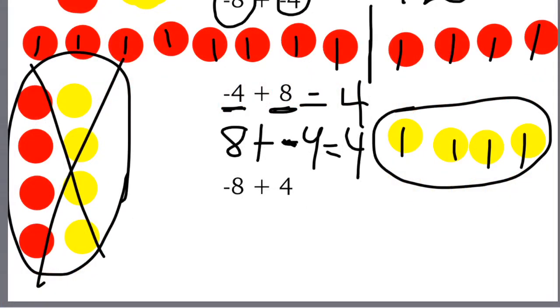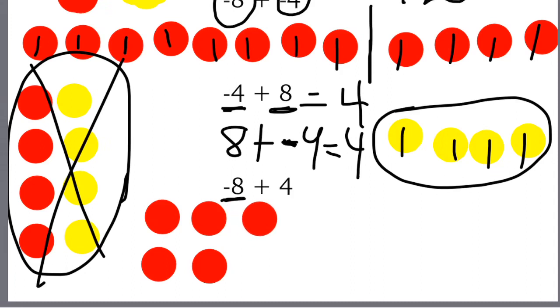So again, I hope you guys have all had a chance to try this problem, but let's go ahead and work it out together so that A, you understand your solution is correct, and B, if you got stuck, you see where you got stuck. So the first thing I'm going to do is count out 8 negative counters, which is 8 red. 1, 2, 3, 4, 5, 6, 7, 8.